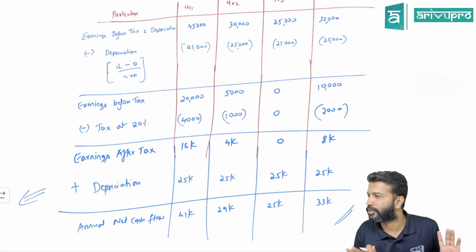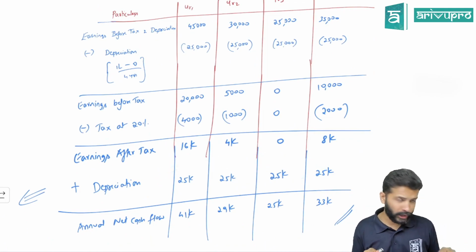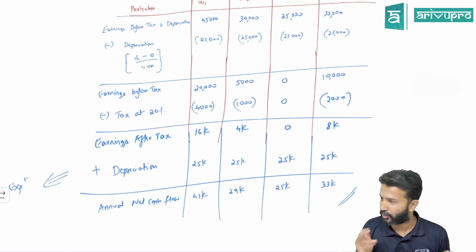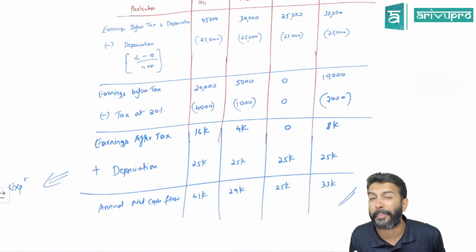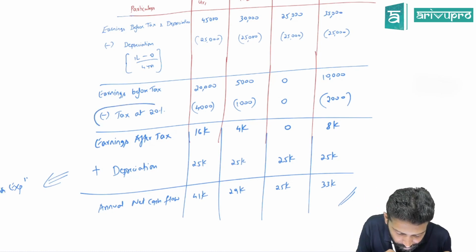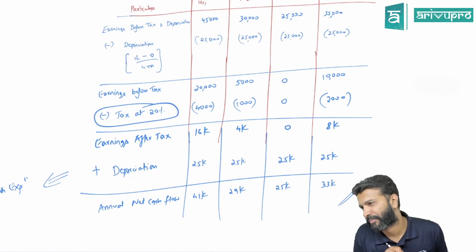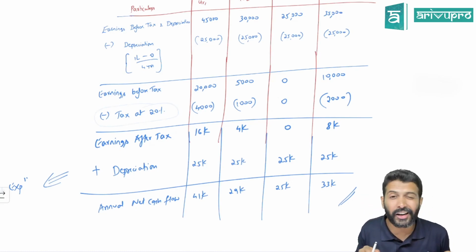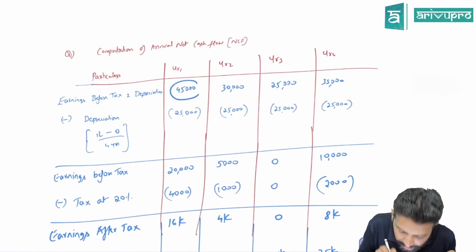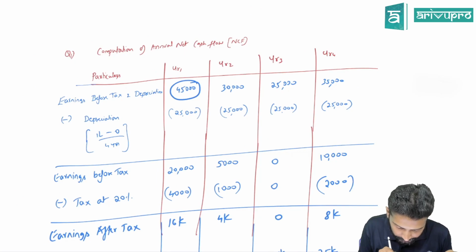Hence, what do you do over here? Add it back. So why deduct it in the first place at all? Because here you're deducting, and here you're adding, you might as well skip it. Depreciation is an expense, and on that expense you get some tax benefit. Depreciation is deductible for tax purposes. Are you paying tax on 45,000 here? You calculated tax here, 4,000.